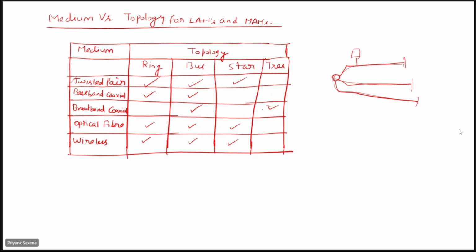So it can easily be employed with broadband coaxial cable, because broadband is also unidirectional. That is why it is not used with baseband. The tree is basically used with broadband because of its unidirectional nature of data transfer.